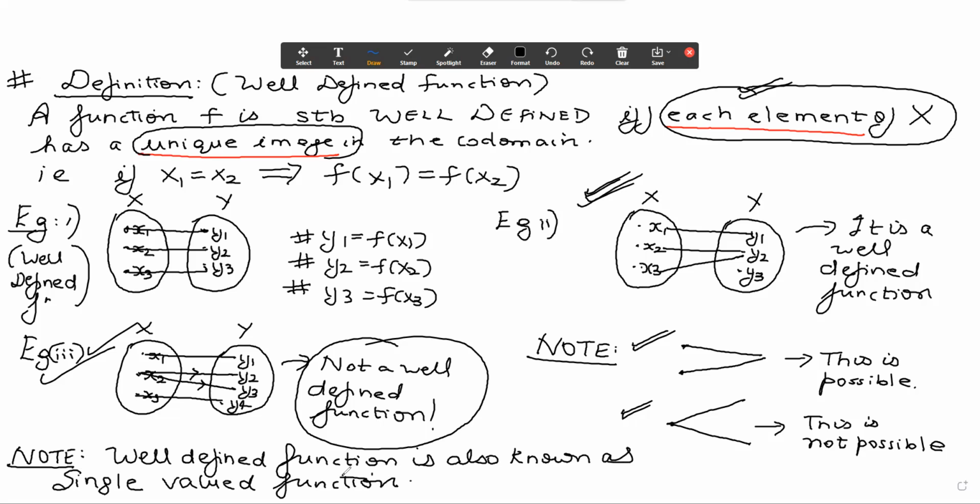So I hope all students have understood this and have no doubts. Then let's move forward, and all students will now write the definition of a 1-1 function.